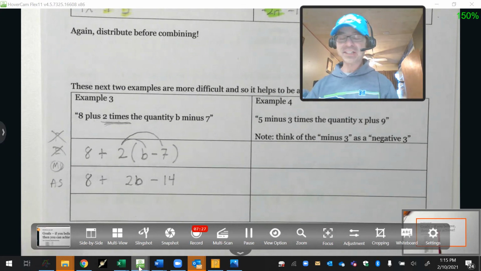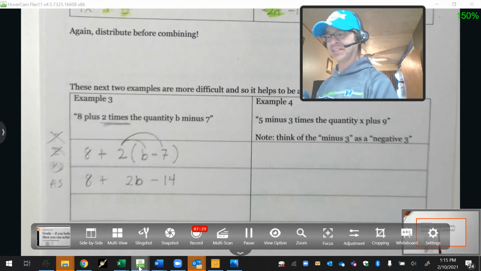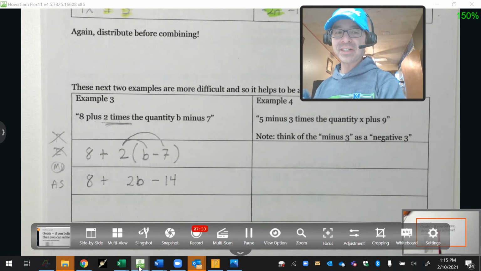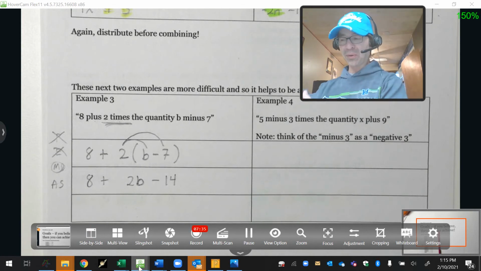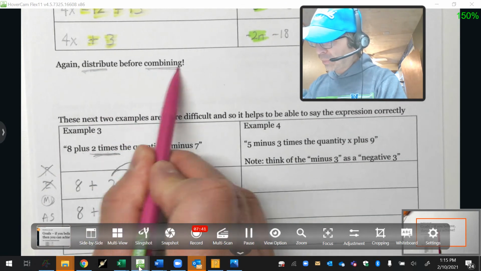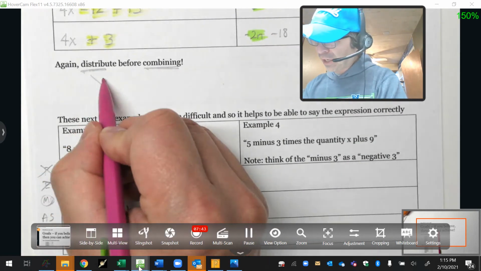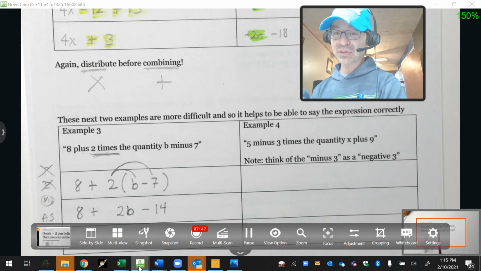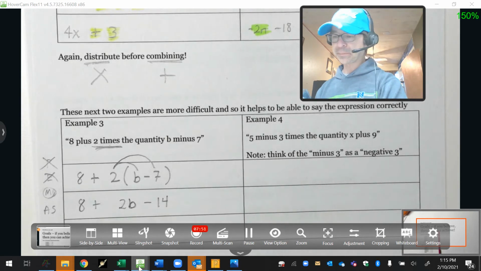Adding and subtracting is going to be last. Think of these as trap problems. We're trying to trap you. Not really. We just want to make sure you follow the order of operations. Distribute before combining. Multiply before adding. Simple. If you find yourself trying to add first, you're most likely doing something wrong.